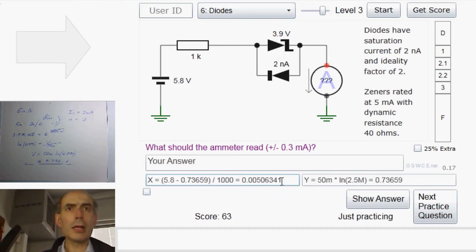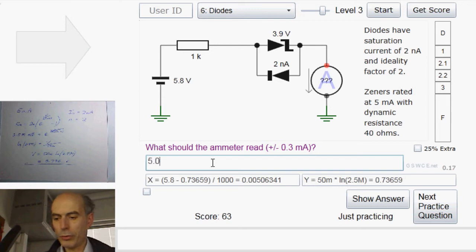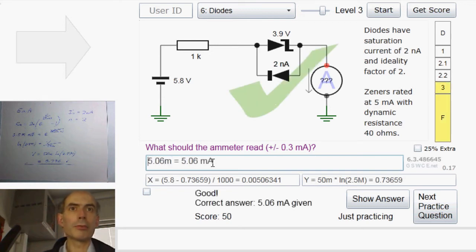But at level 3 and mostly at level 4, there's no need to go through the iteration process again. Just once is enough, and we could put in the answer as 5.06 milliamps. And yep, spot on. Let's see if we can find one where we use a Zener in reverse breakdown.